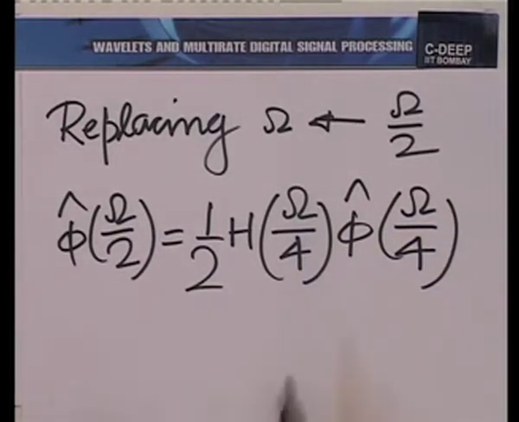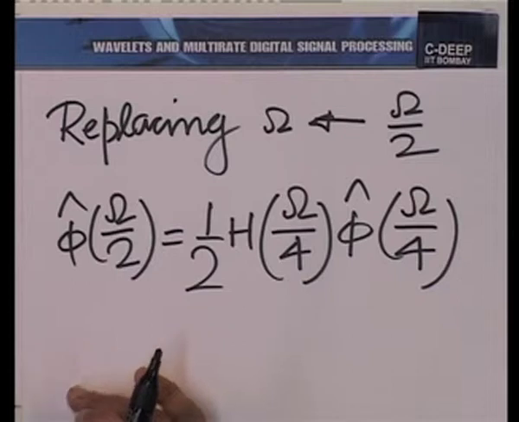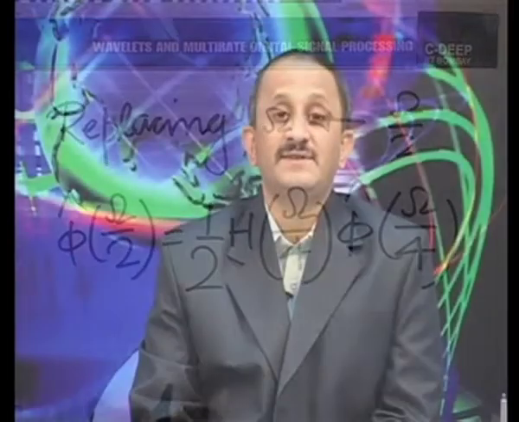So, now we have a recursive process. Every time you have phi cap omega by 2, you replace it in terms of a product of phi cap omega by 4 and then a DTFT.